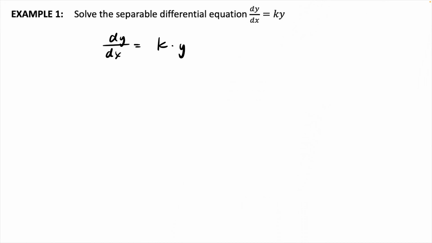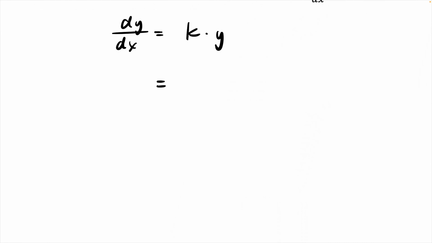So when we do that, what are we going to get? You've done it many, many times already, so I don't have to do the steps. With y on the left and x on the right, the left side is 1 over y dy, and the other side is k dx, because I divide both sides by y and multiply both sides by dx.